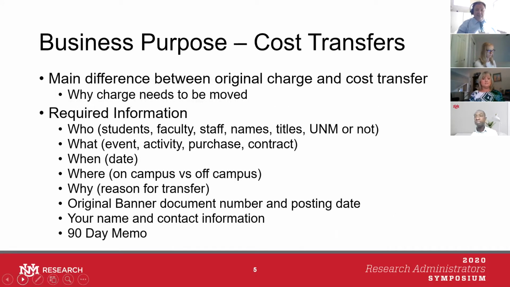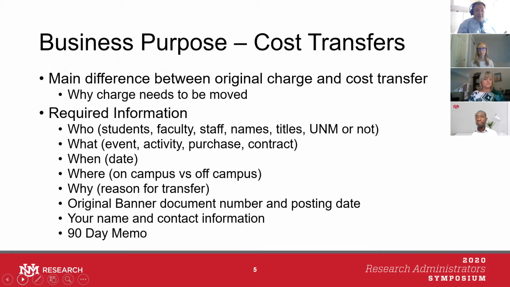Now, the main difference between a business purpose for an original purchase and a cost transfer is that with the cost transfer, you have to explain why you're transferring it and how it's going to benefit the new award or project. So the required information is who, what, when, where, why, the original Banner document number, and the original posting date.